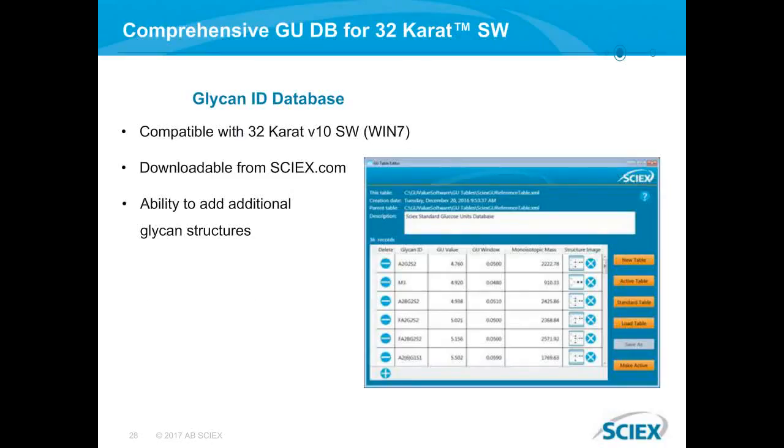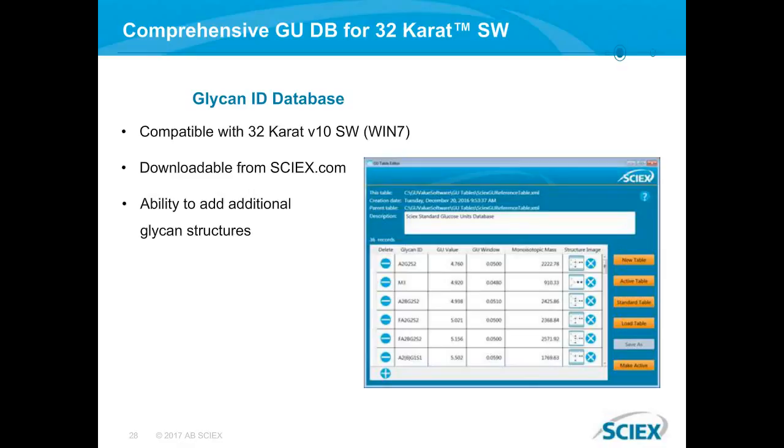This comprehensive glucose unit database is built into the 32 Karat software of the P800 Plus instrument, and it's compatible with the 32 Karat version 10 software. It will be downloadable from the SCIEX website upon release of the kit, and it has the added ability to add additional glycan structures to this database.